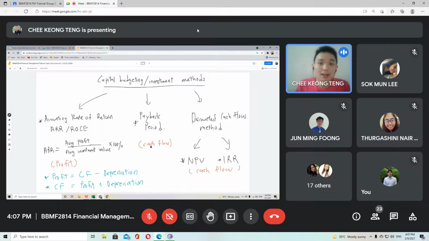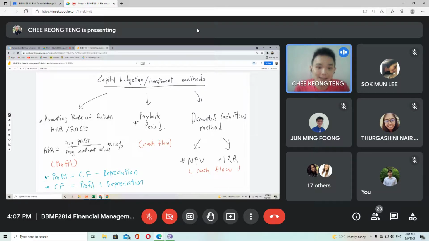Because there could be a case where the question asks you to calculate ARR, but the question gives you cash flow. Or the question wants you to calculate payback, but it gives you the profit. It is possible in the exam. So when you see that, don't panic. Actually, very simple. Remember the golden thumb rule?